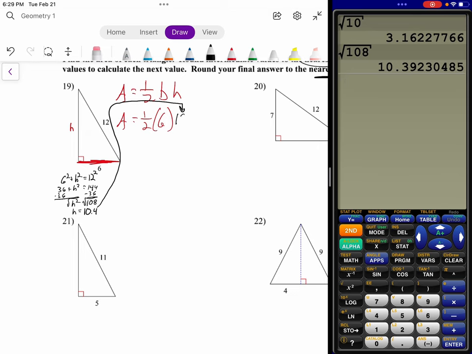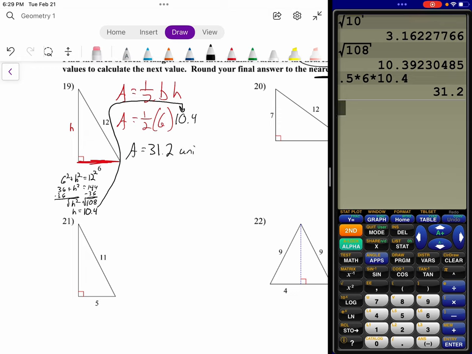Our height is 10.4. And so area equals 1/2, which I'll just put in 0.5, times 6 times 10.4. And our area is 31.2. No units are mentioned, so we'll just put units squared.